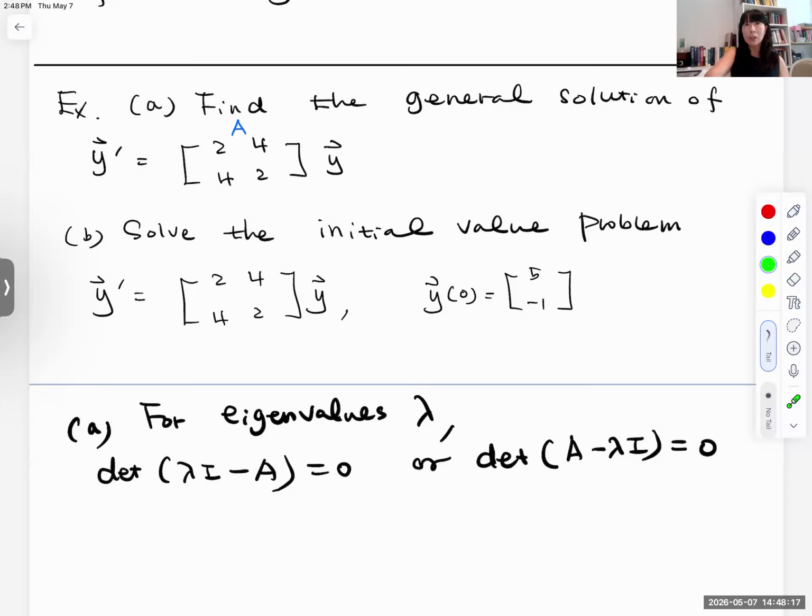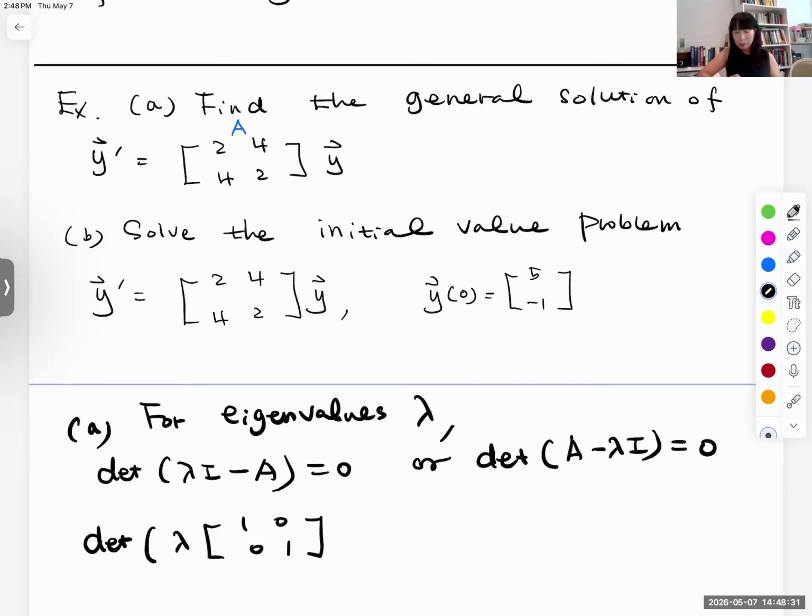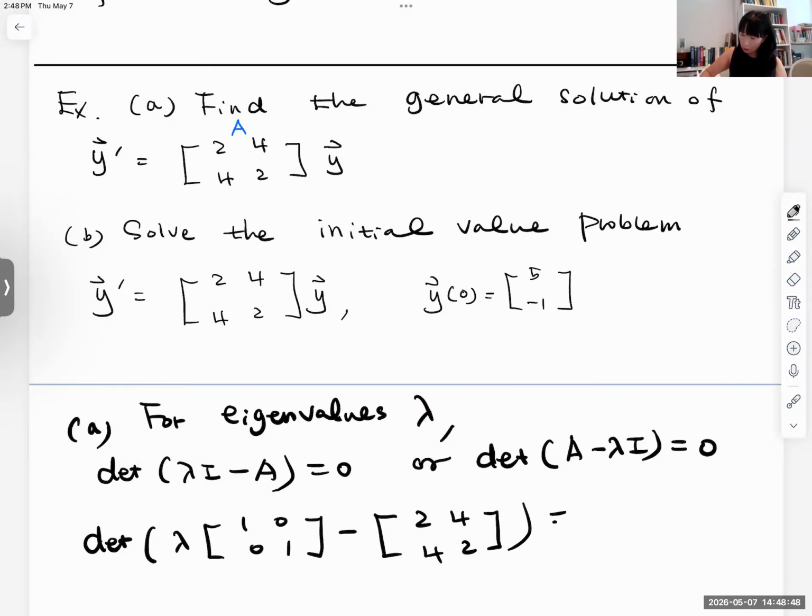So that will be the determinant of lambda times I, where I means 1 0 0 1 for a 2 by 2 matrix, minus A, which in this case is 2 4 4 2, equal to 0.